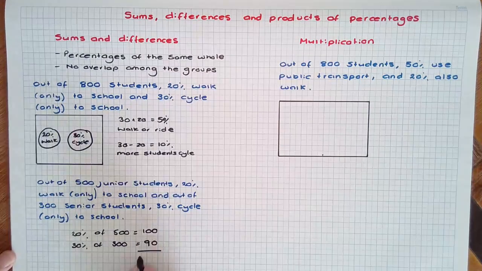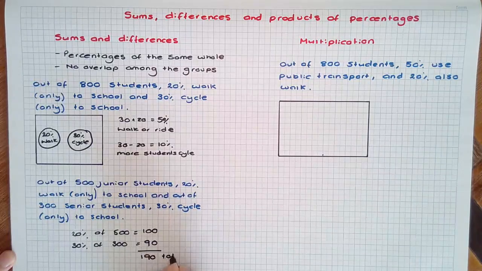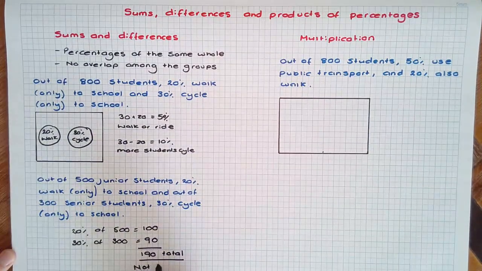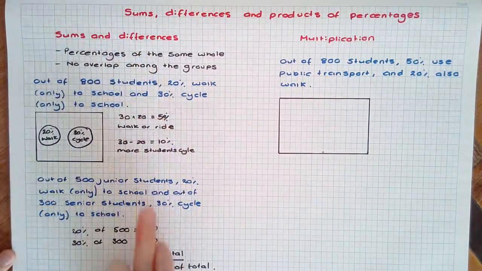This would give a total of 190 students, which is not the same as 50% of the total. In this case, we could not add or subtract to find the sum and difference.